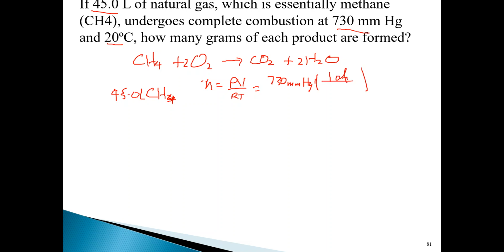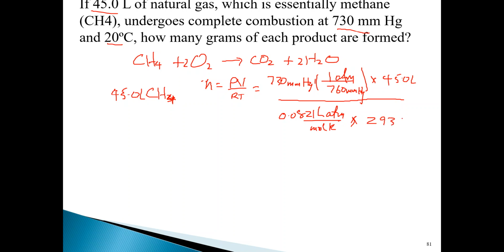1 atmosphere over 760 millimeters mercury, times the volume, which is 45.0 liters, all divided by R, which is 0.0821 liters atmospheres over mole Kelvin, times the temperature, which is 20 degrees, the same thing as 293 Kelvin.